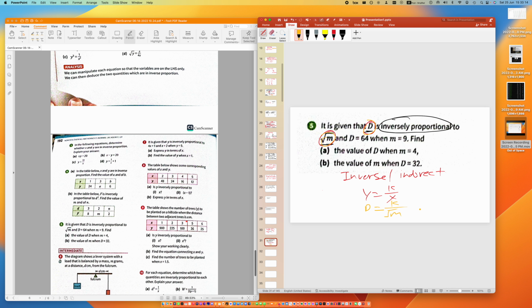Quick, don't waste my time. And by the way, you can see the 64 as 64 over 1. So d is 64, then m is 9. So I can see this as this. Okay, good. Just cross multiply. Use your calculator. What's k?